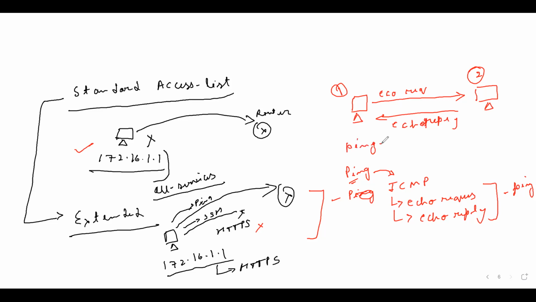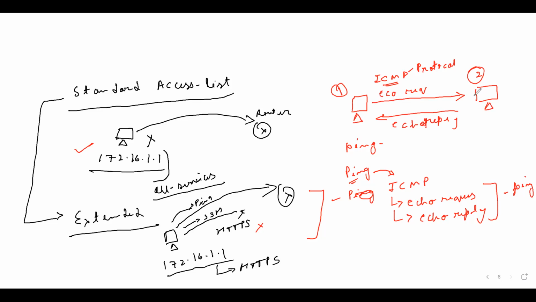Always remember in networking, your data cannot go without any protocol. The protocol will carry your data. ICMP is a protocol which carries this kind of data, echo request and echo reply.